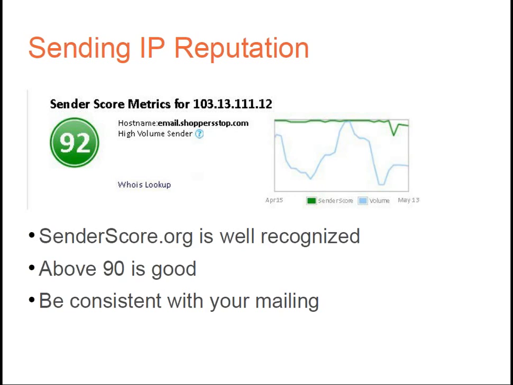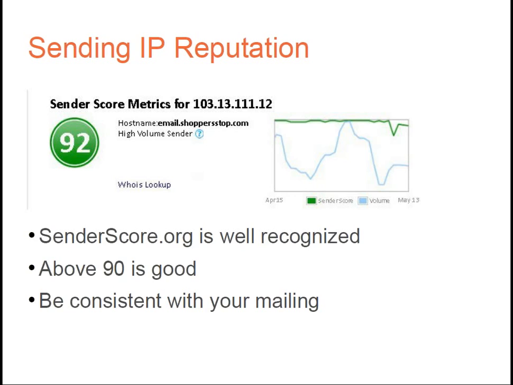Get the IP, go into senderscore.org, punch the IP in, and you will get a result something like this. Above 90 is good. Senderscore.org, and you need to be clear that your sender IP score should be above 90.